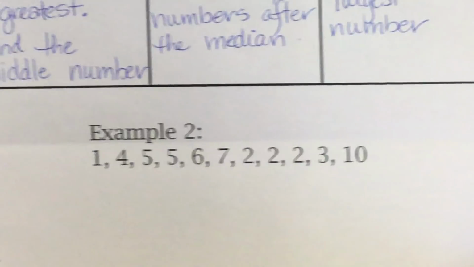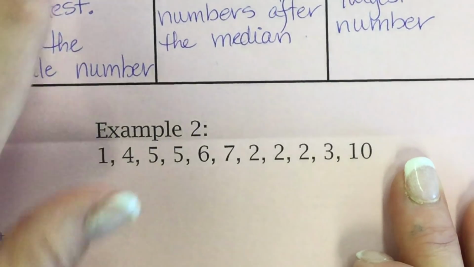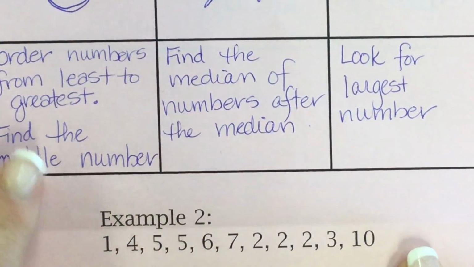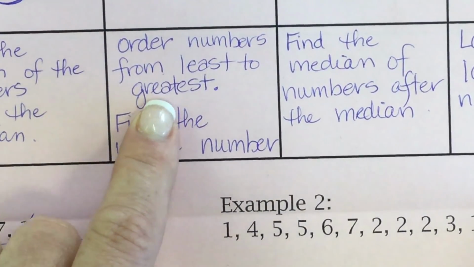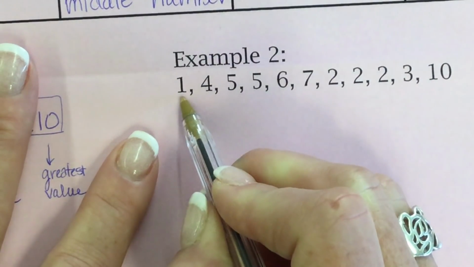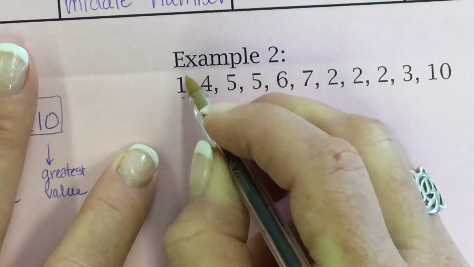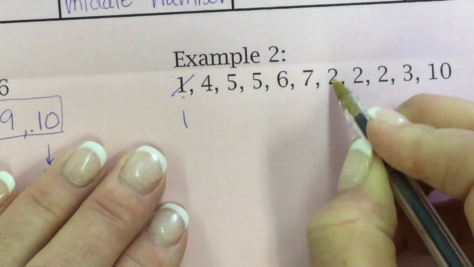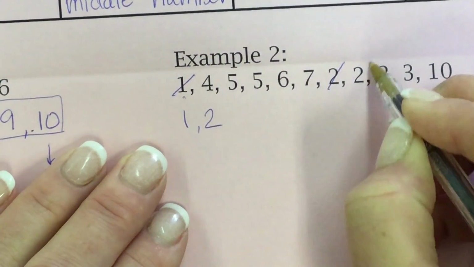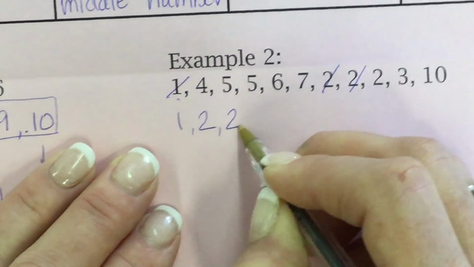Okay, so remember that the first step is always to order the numbers from least to greatest. So I'm going to choose my 1, and I have a 2, and I'm going to go ahead and speed this up a little bit.